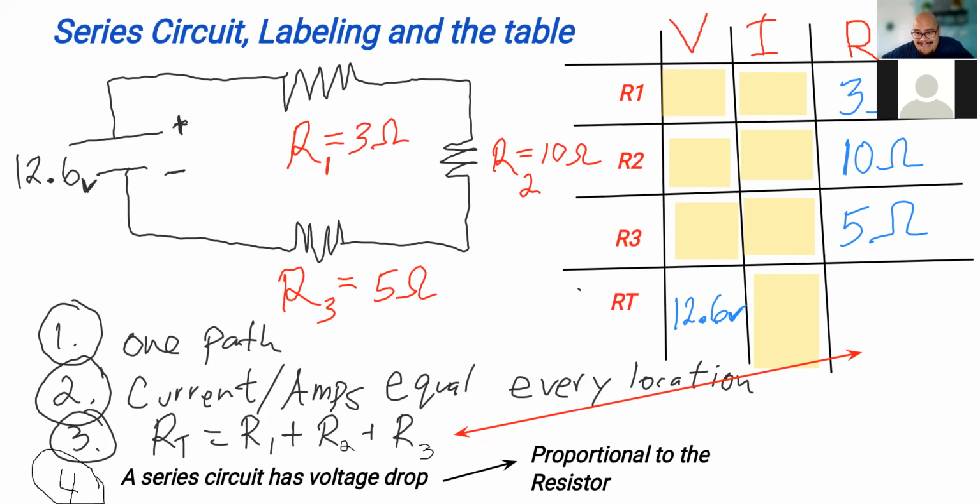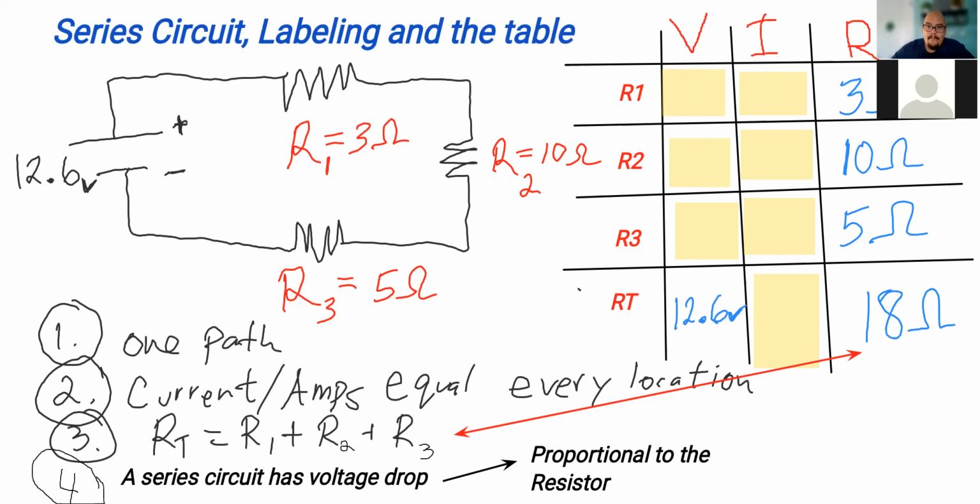So 3 plus 10 is 13. 13 plus 5 is 18. And there it is. I found one more piece to this table. I like to call it a puzzle.